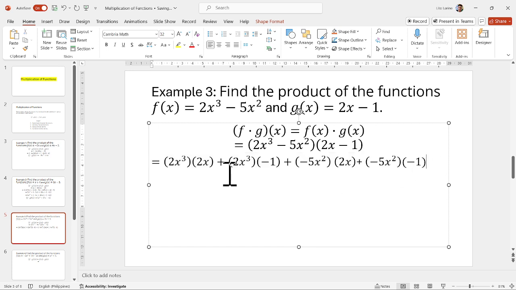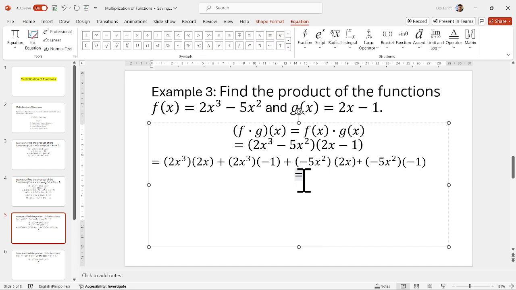So we have 2x cubed multiplied by 2x plus 2x cubed multiplied by negative 1 plus negative 5x squared multiplied by 2x plus negative 5x squared multiplied by negative 1.